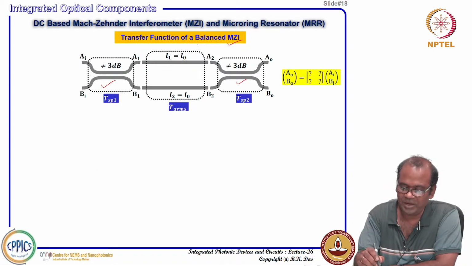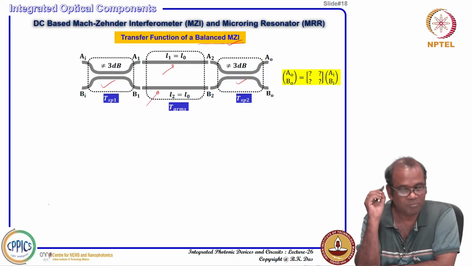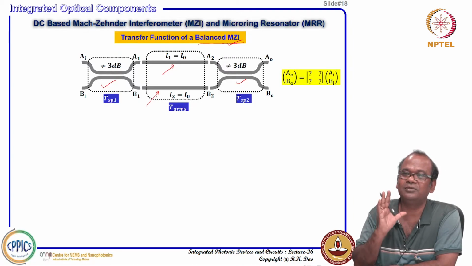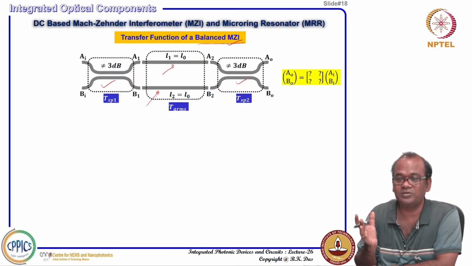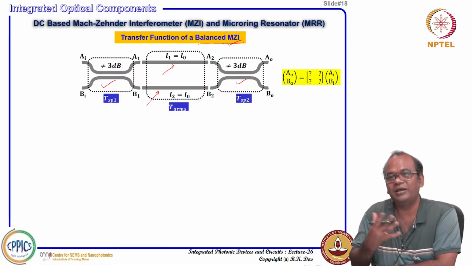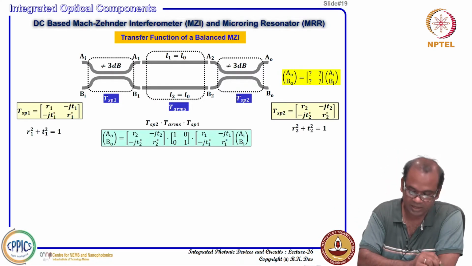When we say balanced Mach-Zehnder interferometer, most of the time we mean that the arms are identical, but we do not bother about what is happening in the directional couplers. We assume that they are typically 3 dB power splitters, but if they are not, one of them may be a 3 dB power splitter and another may not be, and you can get different types of functions. So, let us see how it goes.